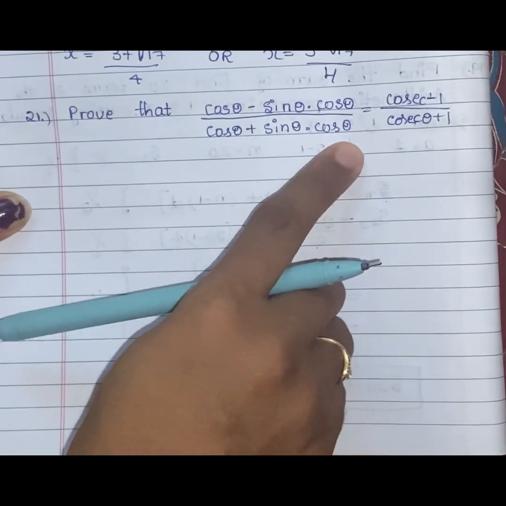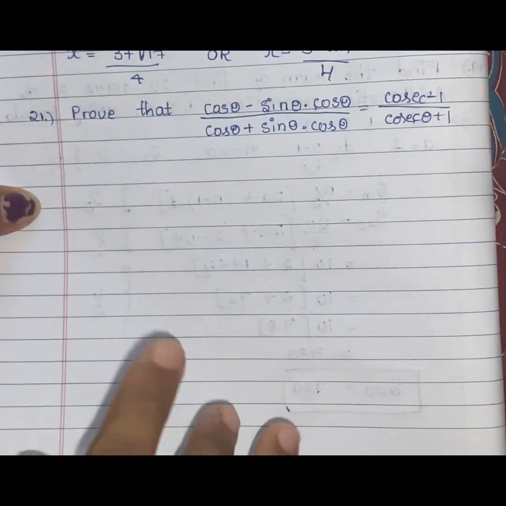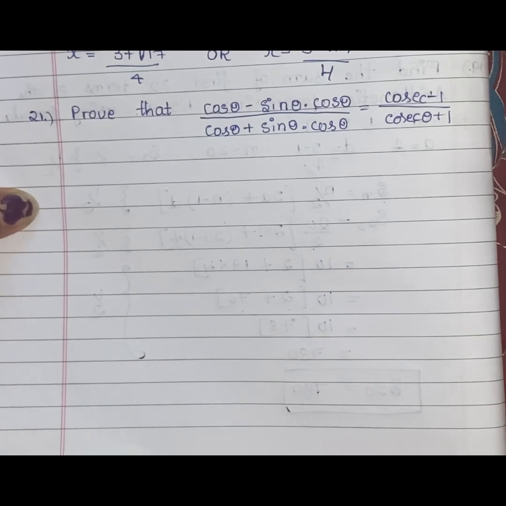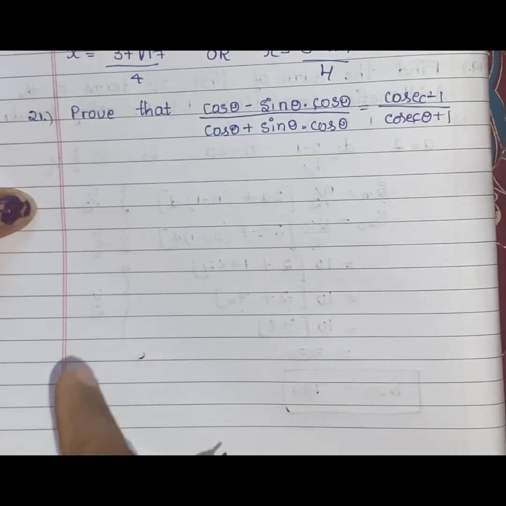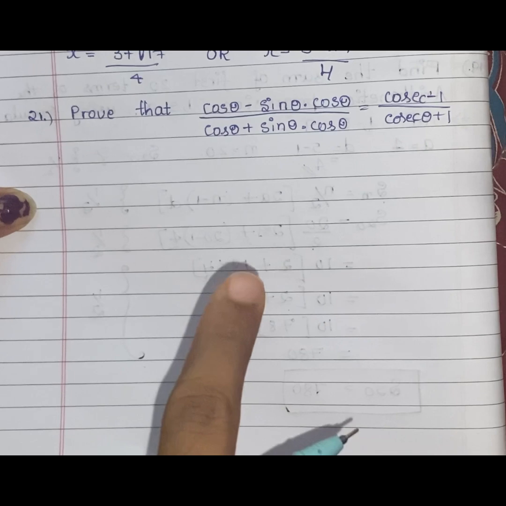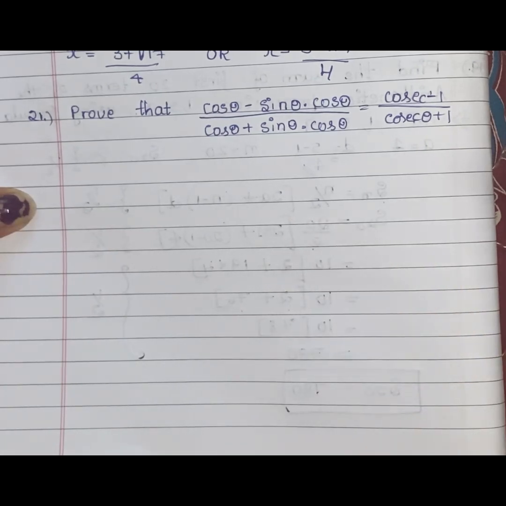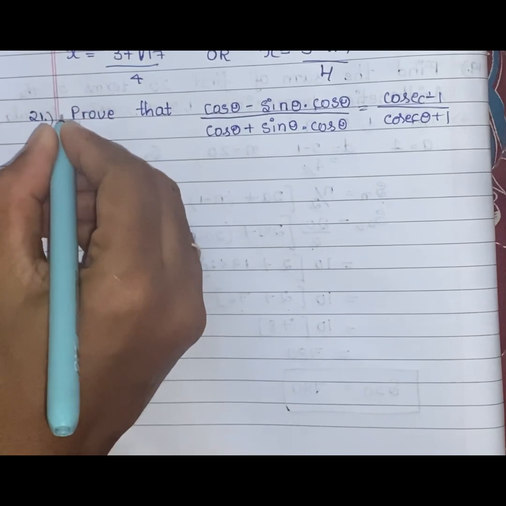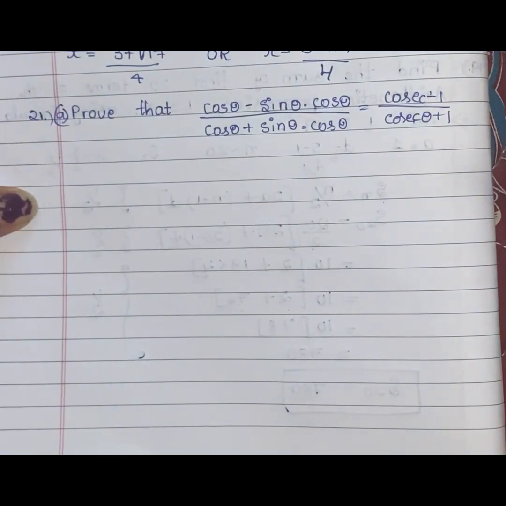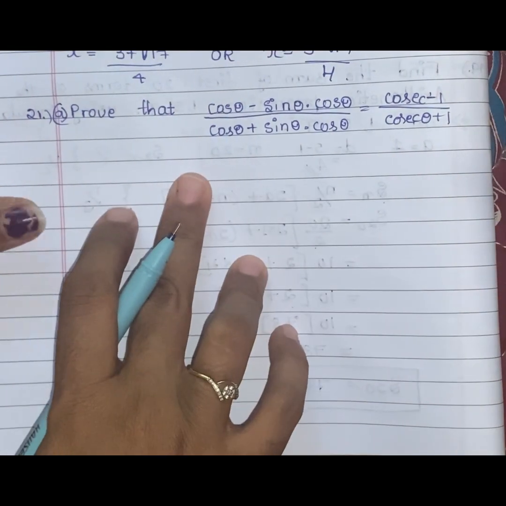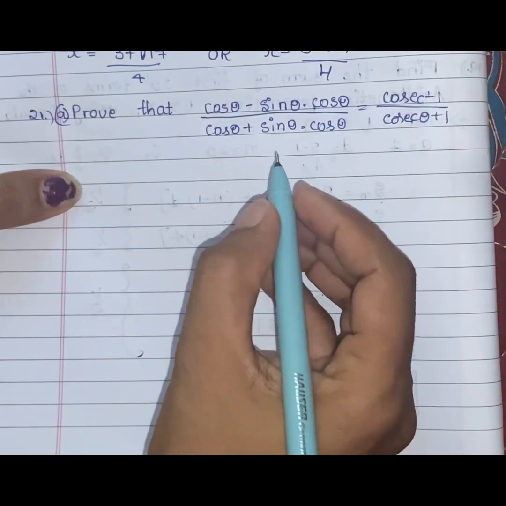Either we need to solve this one or we have the 21b question. So I'll be solving this question first and then we'll move towards the next question. You can either solve 21a, I'll rename it as 21a, or 21b. No need to solve both the questions. So I'll just solve this 21a.